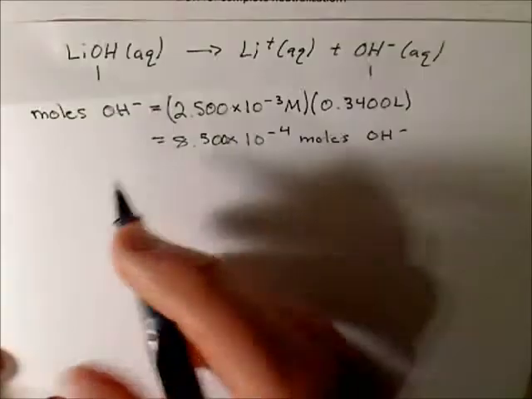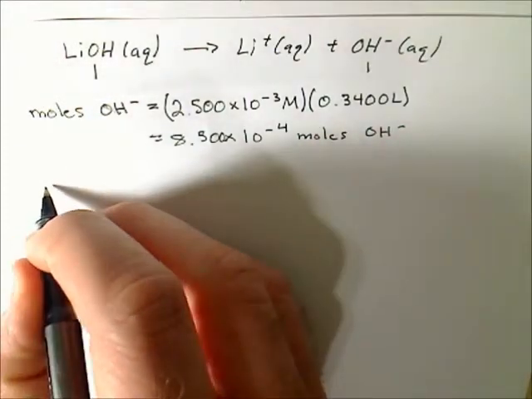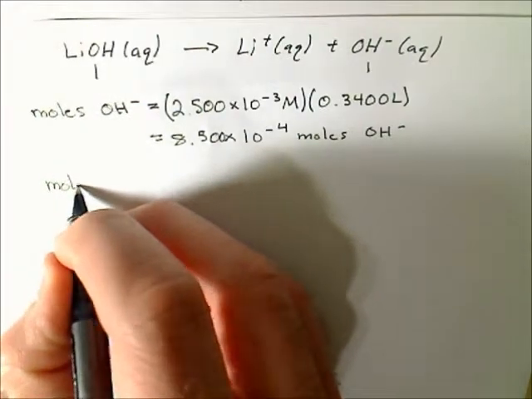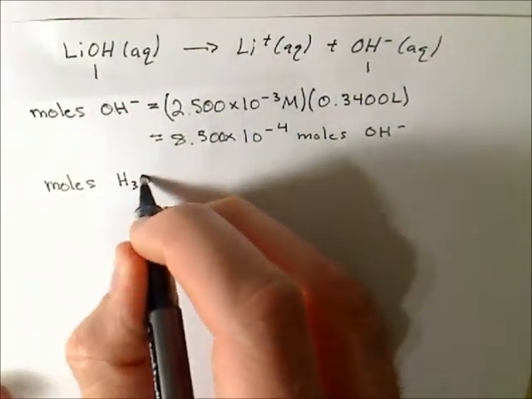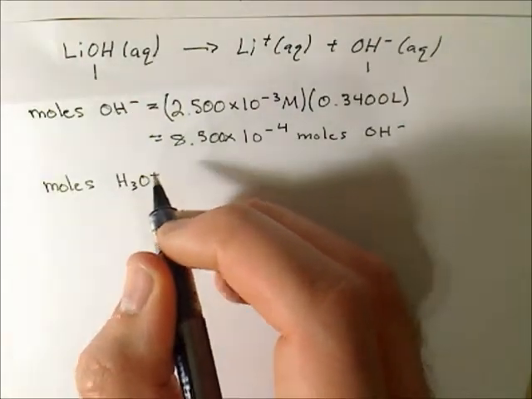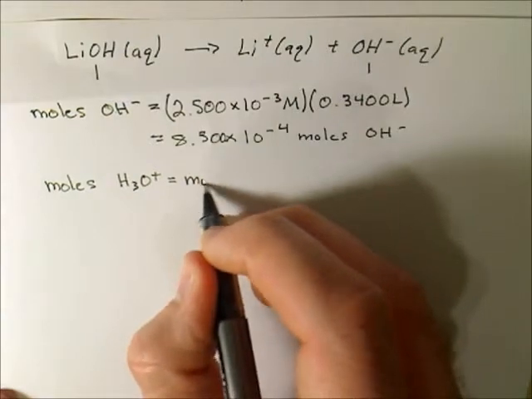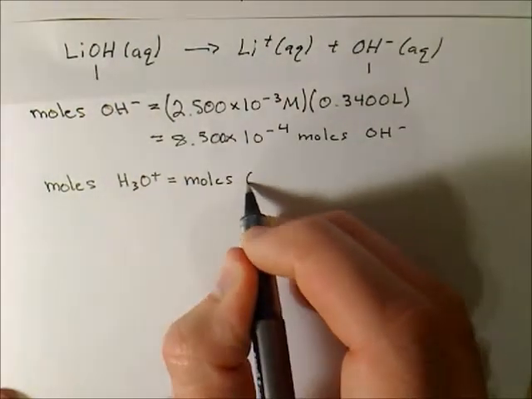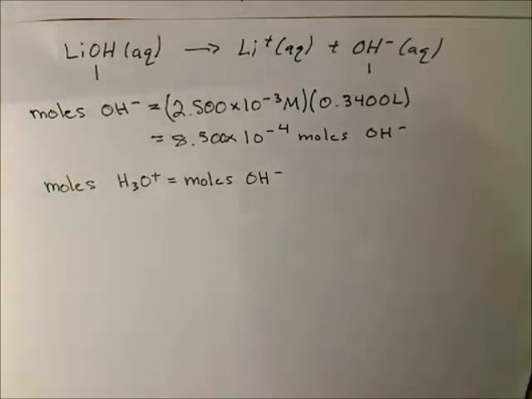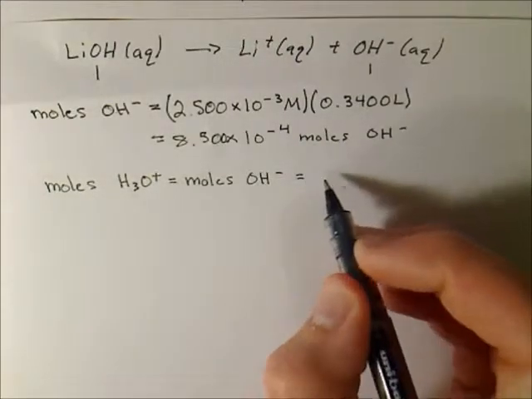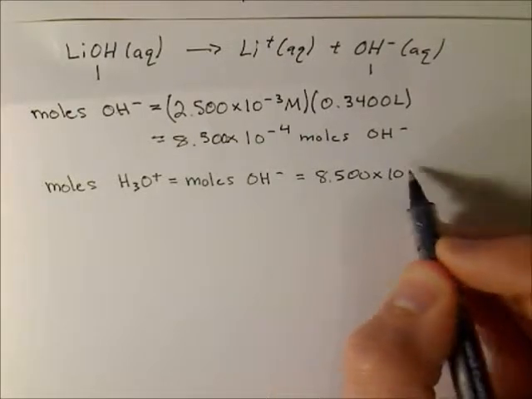So now we can move on to finding the moles of H3O plus. And those just equal the moles of OH minus. And we know what that is. It's 8.500 times 10 to the negative fourth.